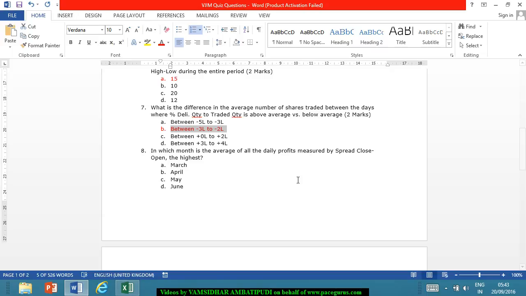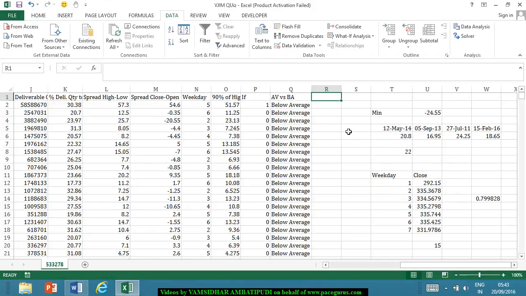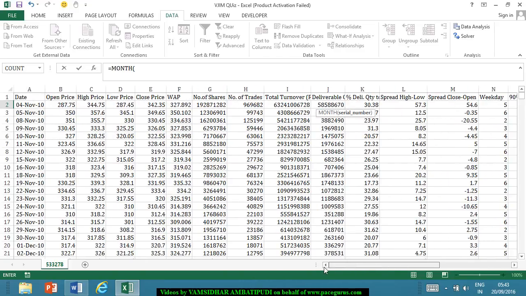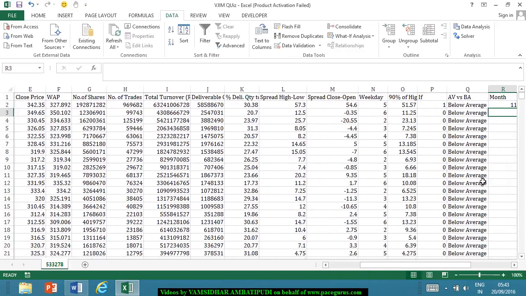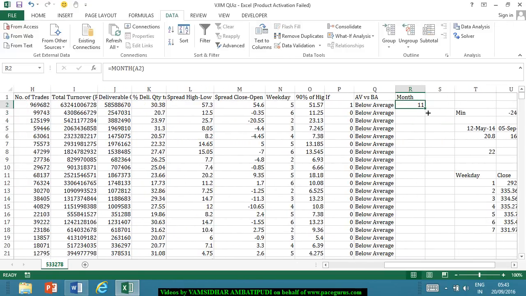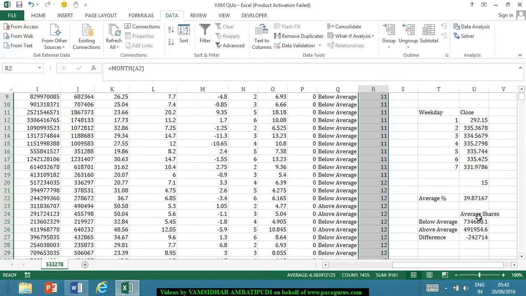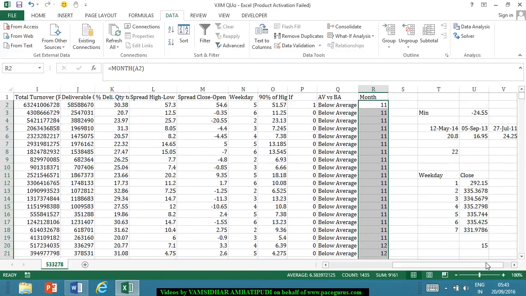Then comes, in which month is the average of all the daily profits, measured by the spread close minus open, the highest? The average I am finding out, but it is month wise. So let me find out the month again. I am using the month function, month of this particular value. Alright, so these are the months. Let me try finding out the month wise numbers.